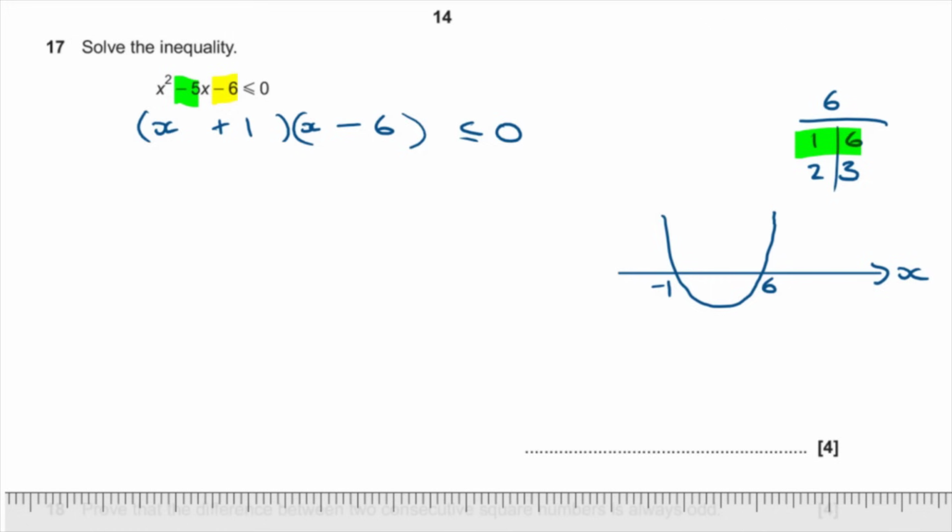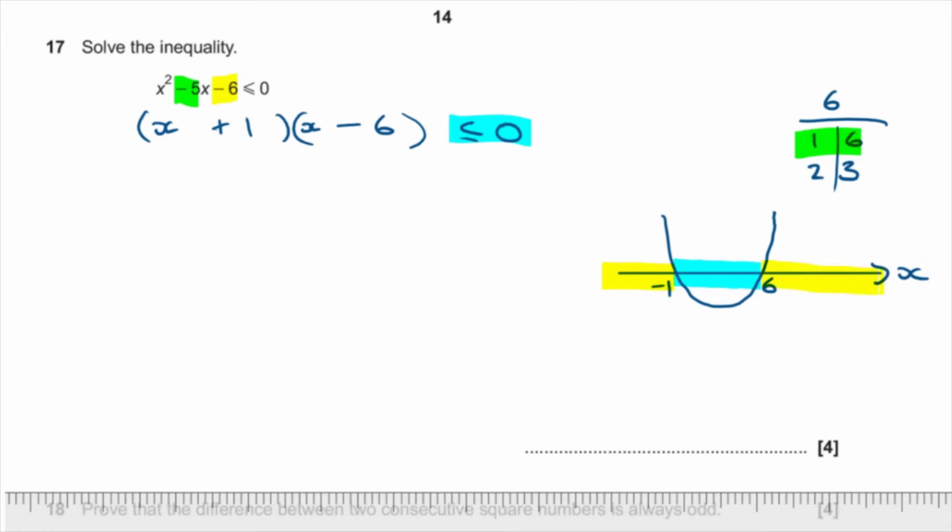Now we want to know when this function is less than 0. So what sections of the number line for x is this graph negative? Okay. Well, it's below the axis in this section from here to here, isn't it? On the other sides, here it's above the axis, and here it's above the axis.